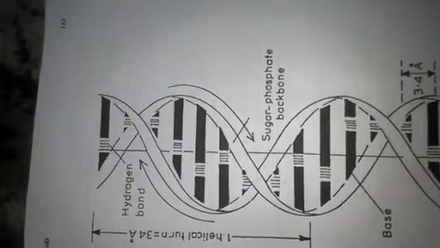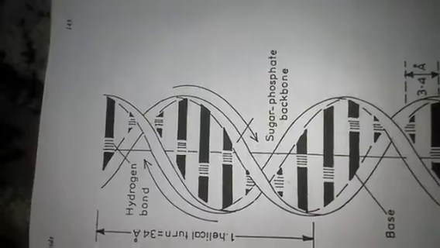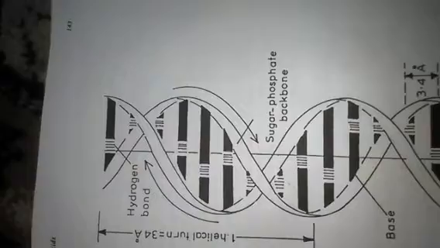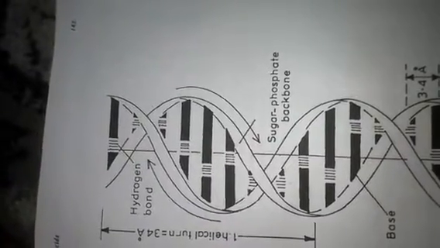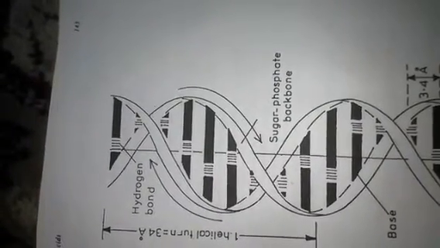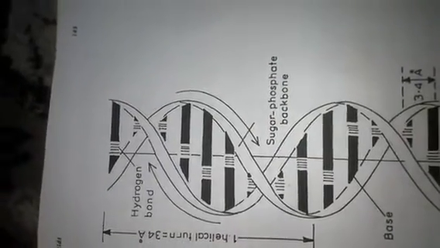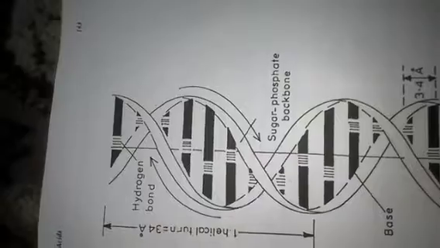If the sequence of bases in one chain is AG, AT, GC, the sequence of bases in the other chain is TC, TA, CG. Let me show you this.